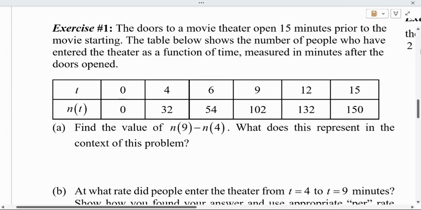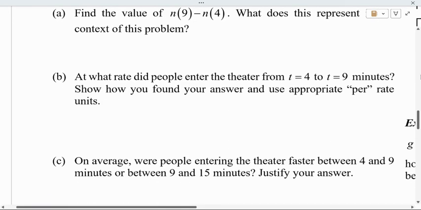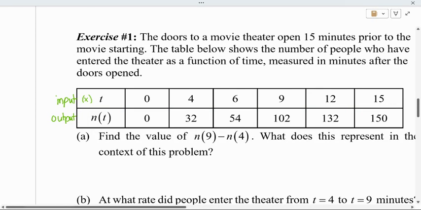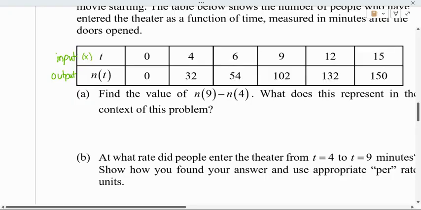So T is my input, the same thing as an x, and N of T is my output, the same thing as f of x. Okay? So we have to find the value of N of 9, meaning when I input a 9, what do I get out, minus N of 4. When I input a 4, what do I get out?